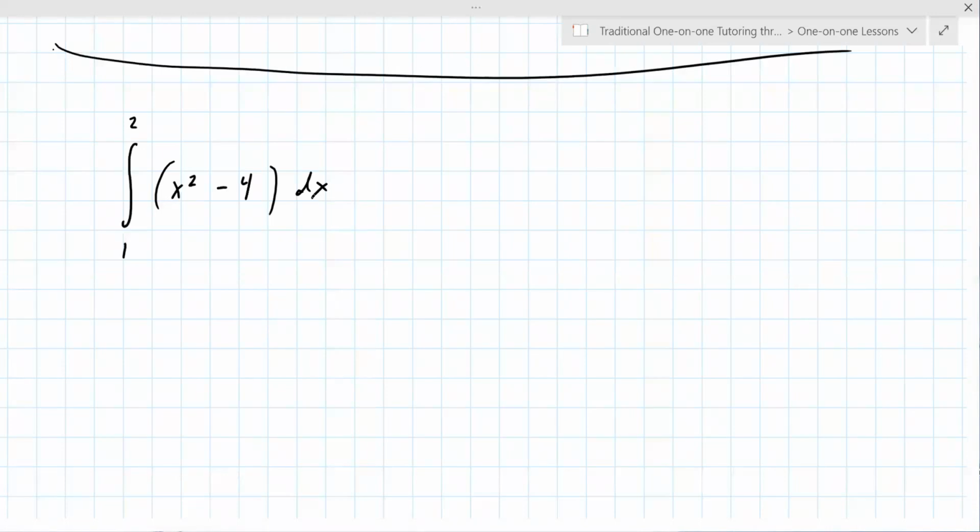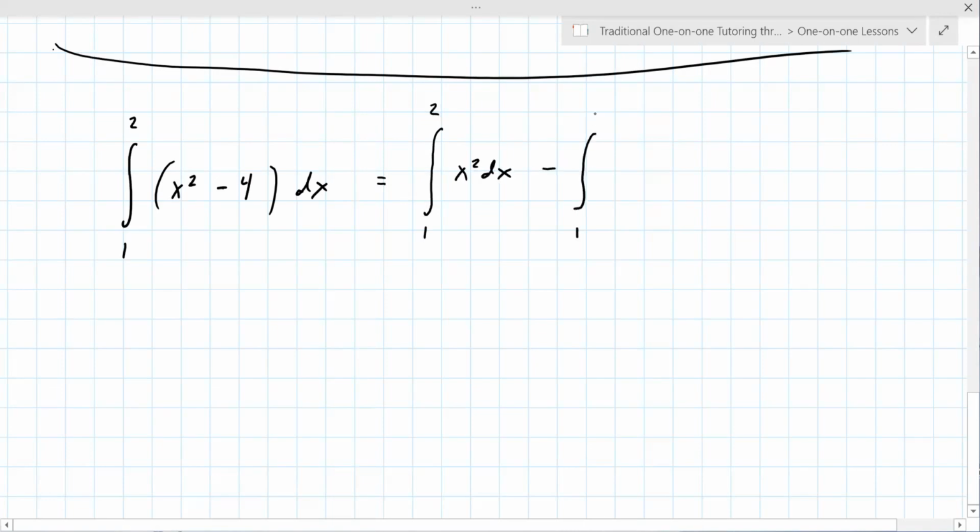How would you tackle this problem? So just to help here, I guess what I'm asking is, do you want to break this apart, which is fine, it works, or do you need to do that, or can you just find the antiderivative right here?